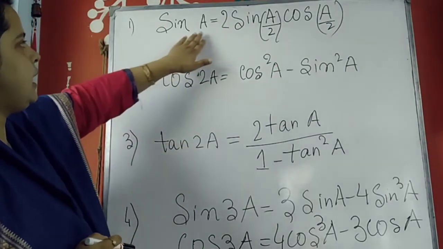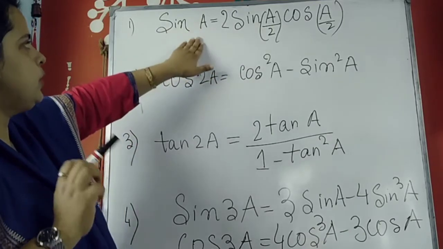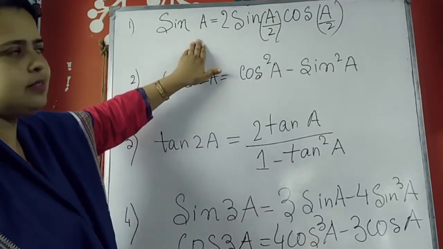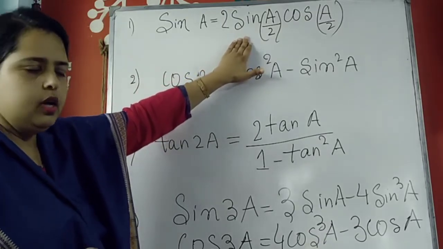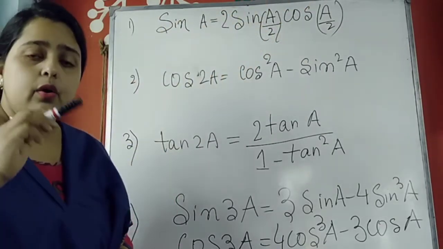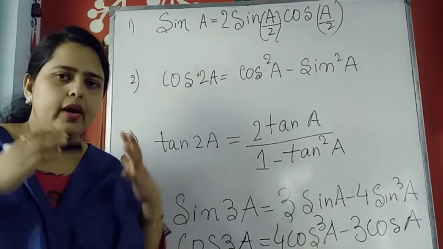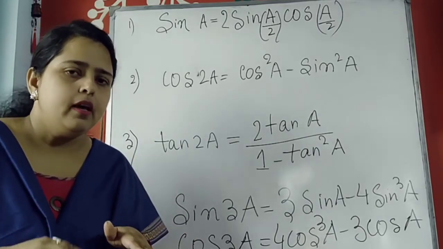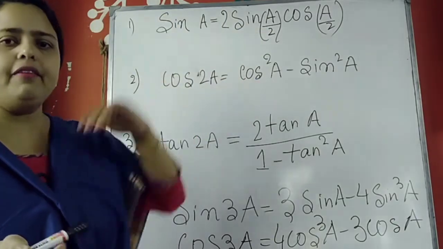So sine 2A was 2 sine A cos A. You can write sine A as 2 sine A by 2 cos A by 2. It is not that something is coming and dropping down. It is when A becomes A by 2. When 2A is halved, then accordingly that A will also be halved. That is what I have done here.